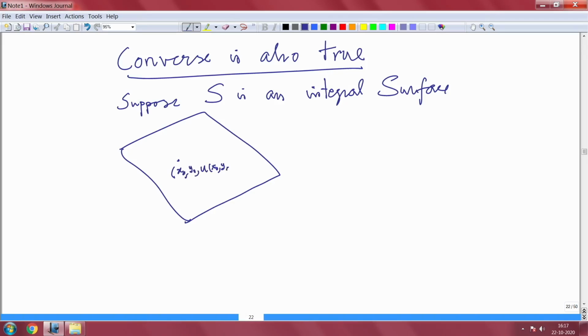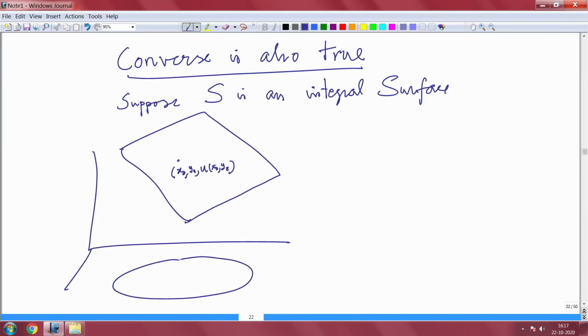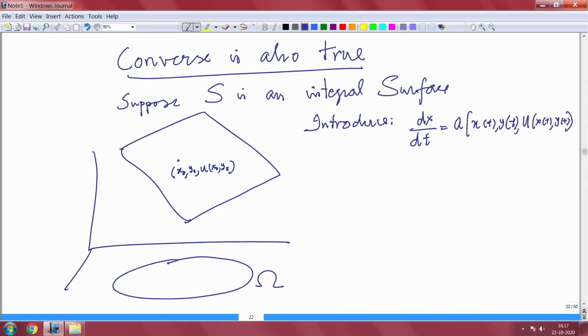You have your domain omega. Now, what I do is introduce an ODE: dx by dt is equal to a of x(t), y(t), u of x(t), y(t), because the surface is an integral surface.